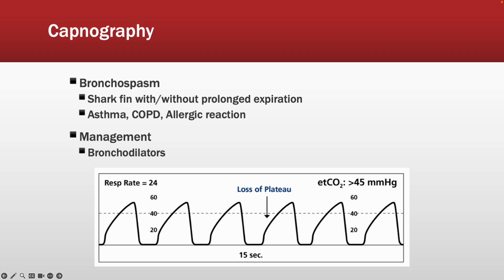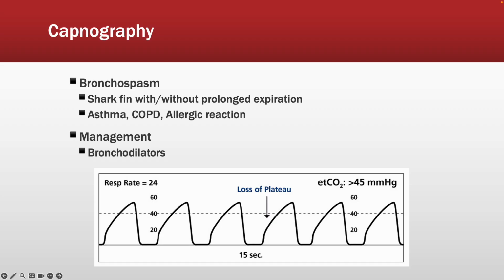With a bronchospasm, like I said, you'll see this in asthma, COPD, allergic reactions. You'll see this characteristic shark fin with or without a prolonged expiration. Management: of course, we're going to be treating the patient.